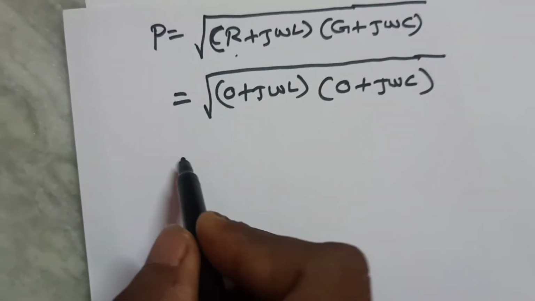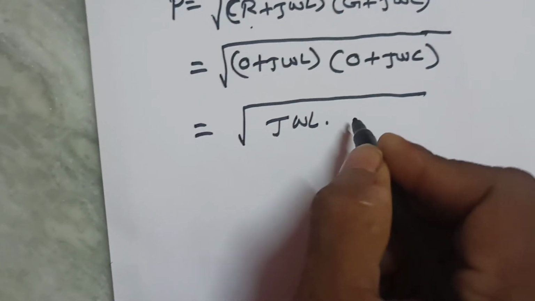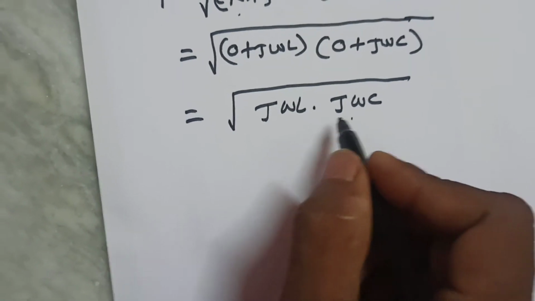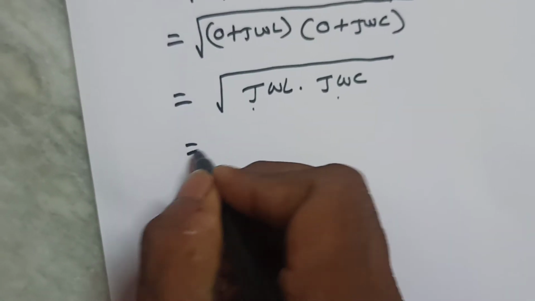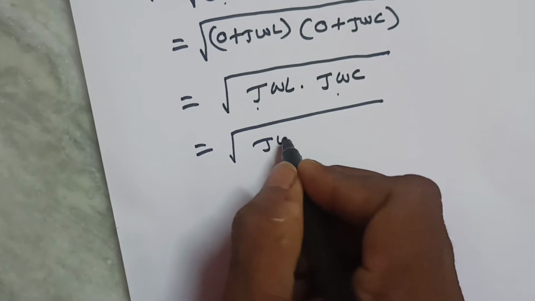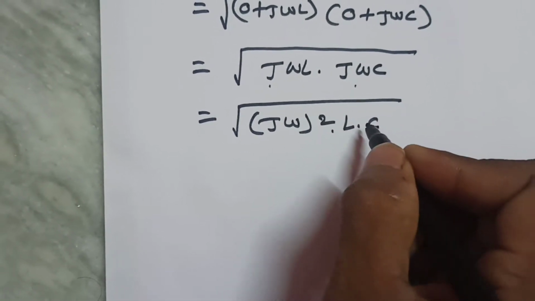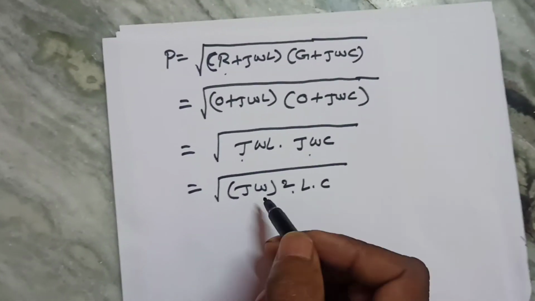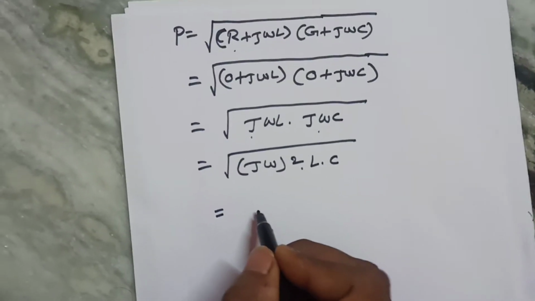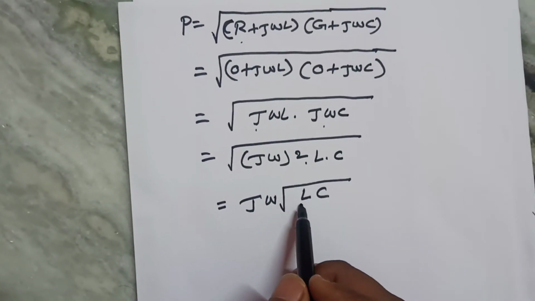So then the equation becomes square root of jωL into jωC. So jω into jω is (jω) squared, and the equation becomes square root of (jω) squared into LC. The square and square root cancel, so jω comes out of the root. Then jω square root of LC.